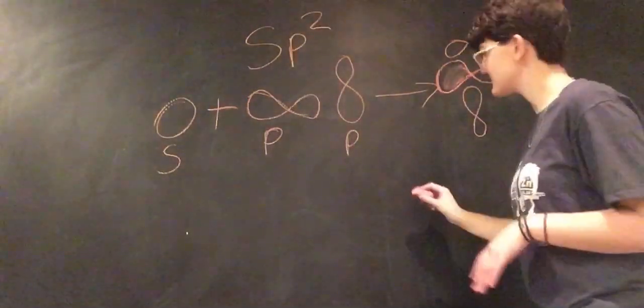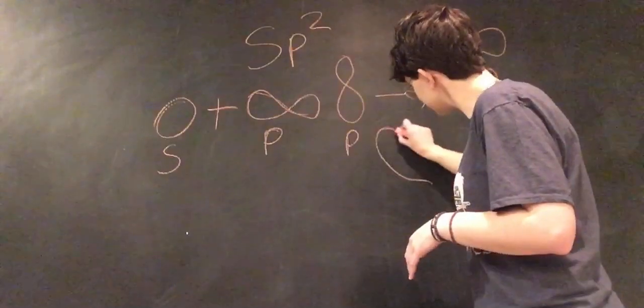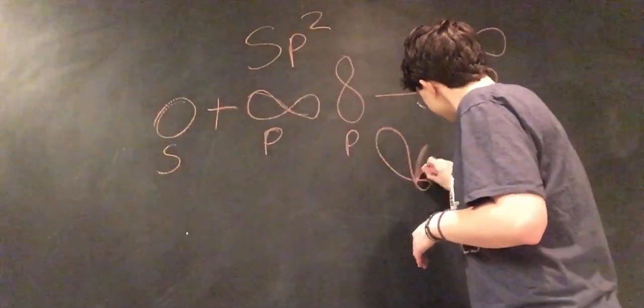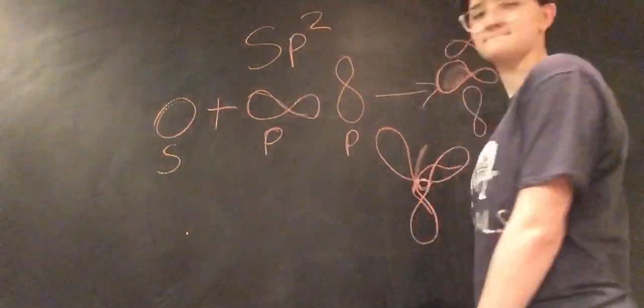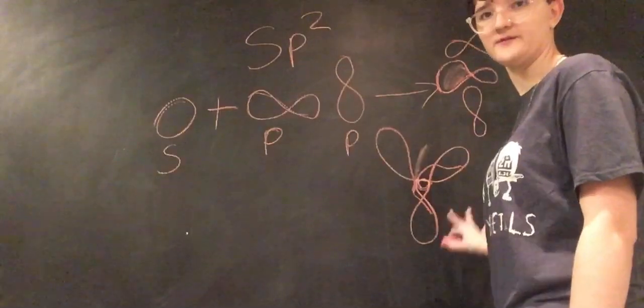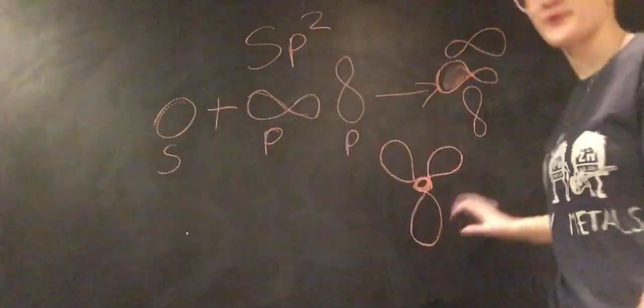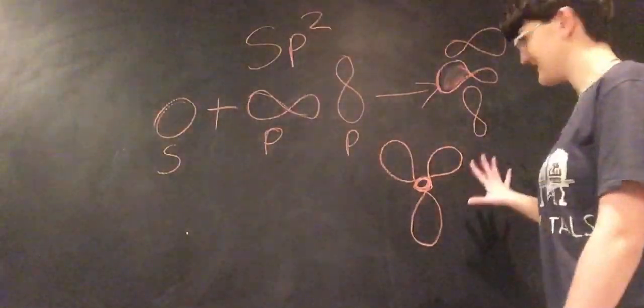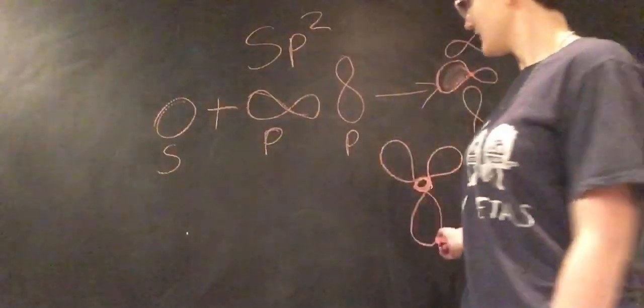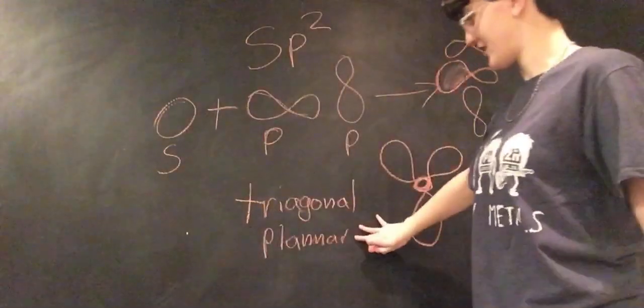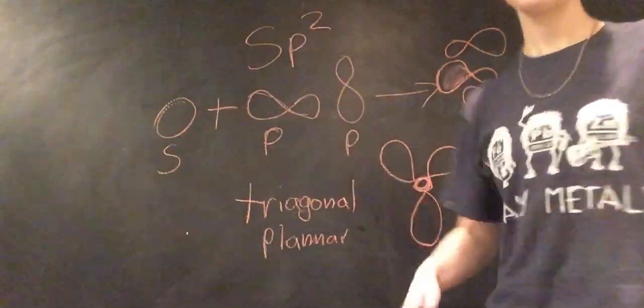And then when they're together, they sort of look like that. I'm going to redraw that. Sort of like that. And these hybrid orbitals are only found with trigonal planar geometries.